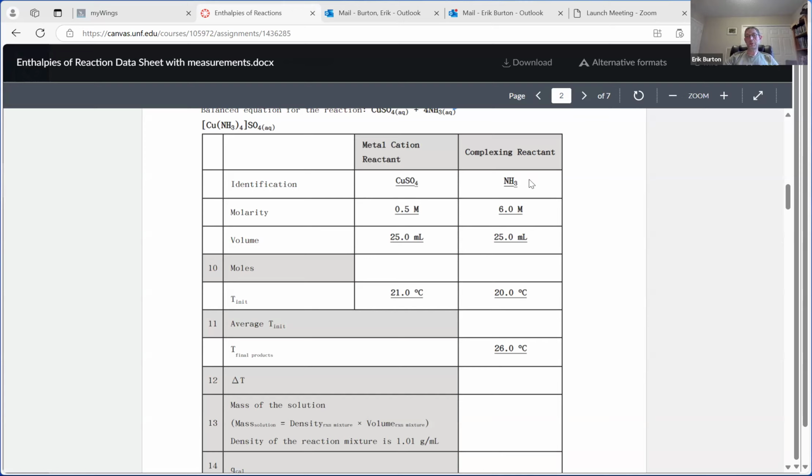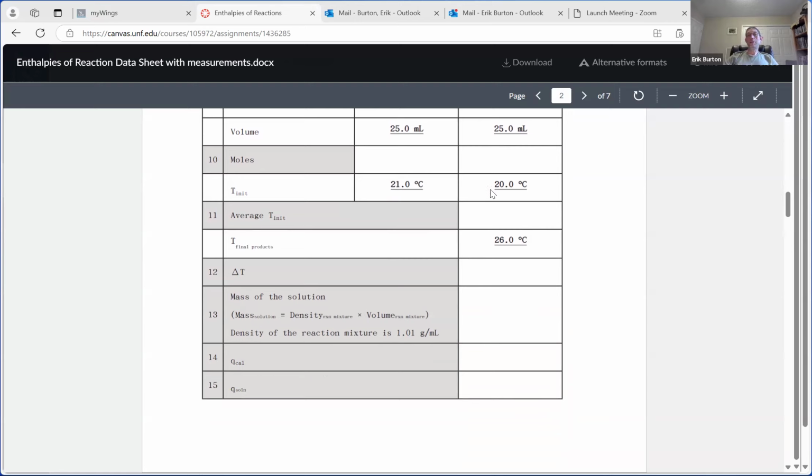You're going to do the same thing for the ammonia solution. The ammonia is 6 molar, and you use 25 milliliters of it. Liters times molarity equals moles. They measured the temperature differently for the two solutions. One was 21.0 degrees, one was 20.0.